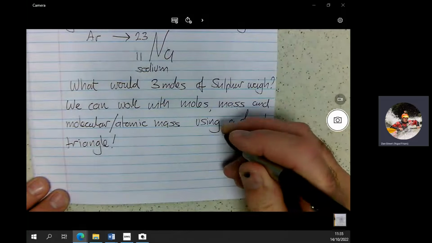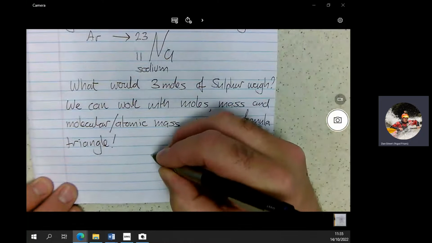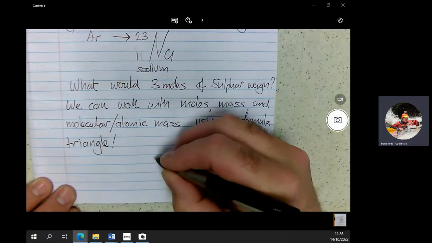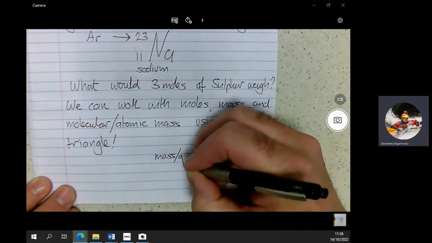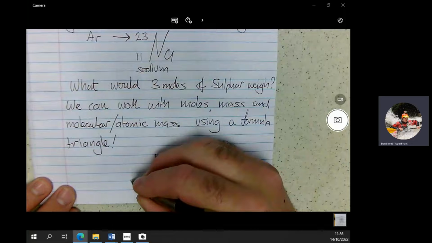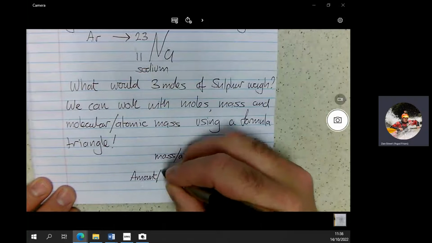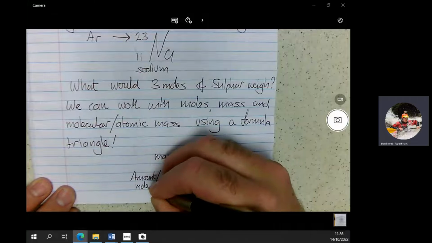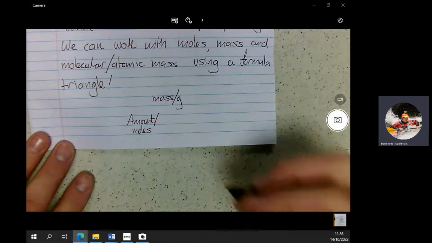The formula triangle that we need to be aware of looks like this for this topic. Mass is measured in grams. The amount we measure in moles, as we've just introduced. That's the new bit of information for today.